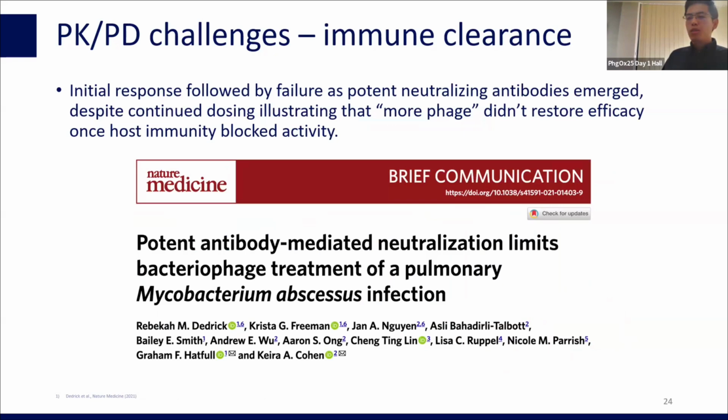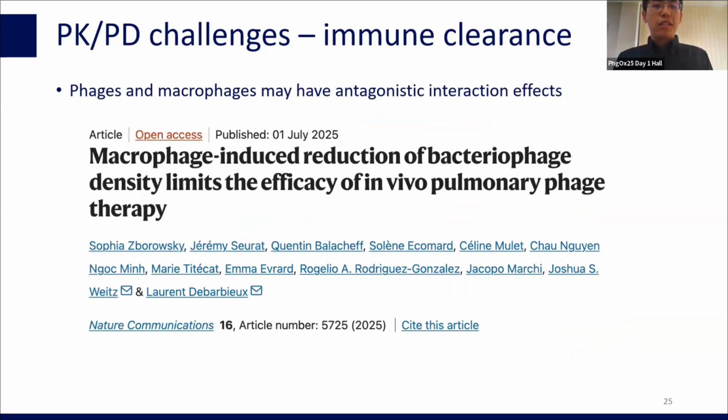For instance, neutralizing antibodies block the activity of phages, and macrophages have also shown an antagonistic interaction effect with phage therapy. So from a PK/PD perspective, as PK/PD people, we're typically used to understanding PK/PD in a simple way.